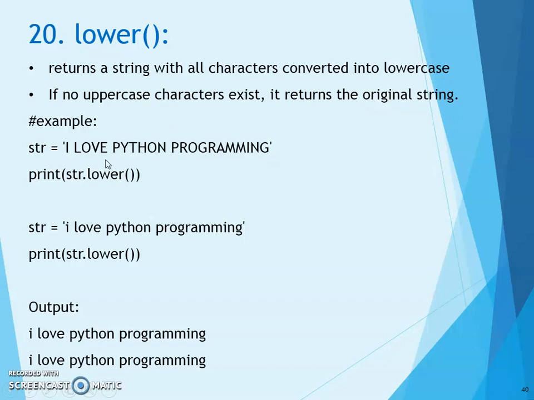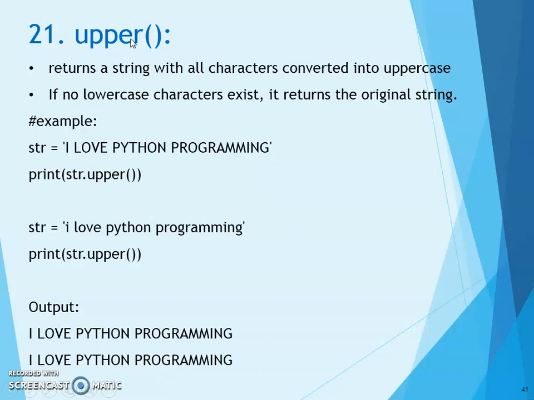For example, if the string is stored in a variable and we invoke this method, it will return a string with all the characters in lowercase. If the string already has lowercase characters and we invoke this method, it will return the string as it is.